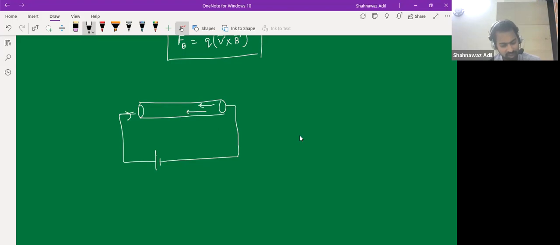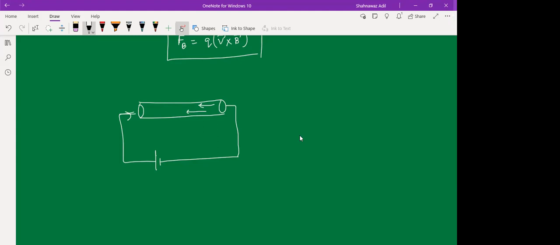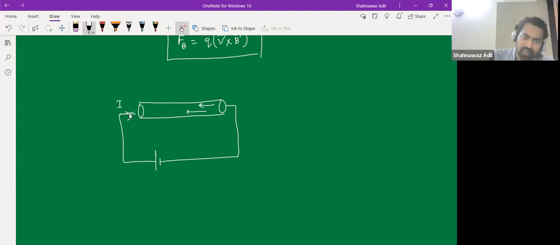From the third chapter, current electricity, the second topic that we did. I am saying that the current is flowing in this way and the charges are moving in this way. So what is the velocity of all the charges moving in a conductor?